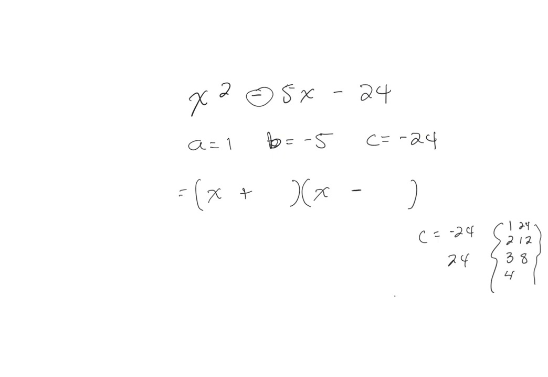We could have 4 and 6. What gives me a difference of 5? Bingo, 3 and 8. The bigger number is going to be with the negative, and the smaller number is going to be with the positive. So that's what x squared minus 5x minus 24 is.